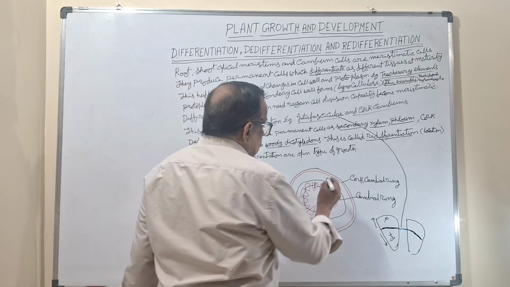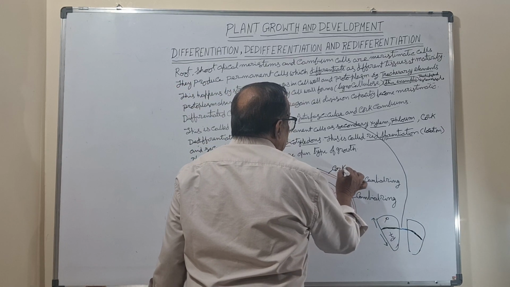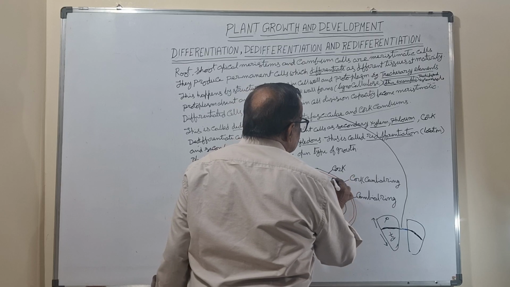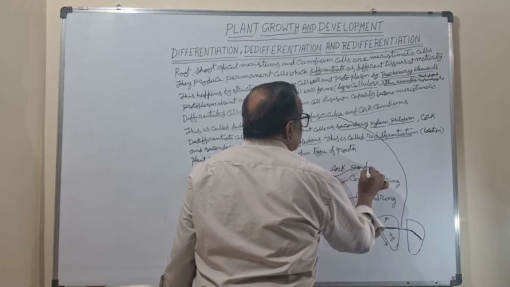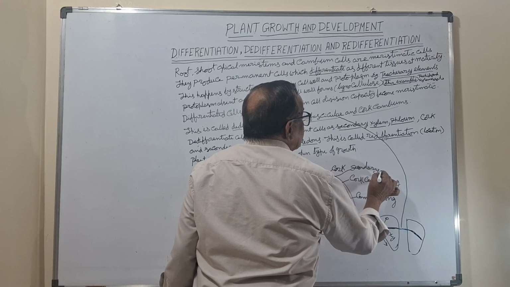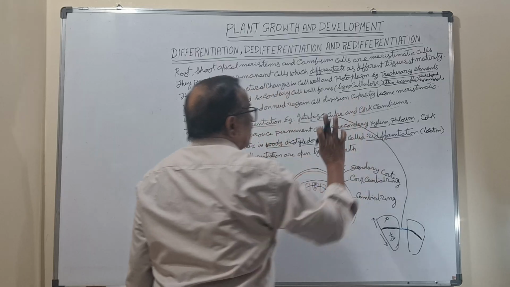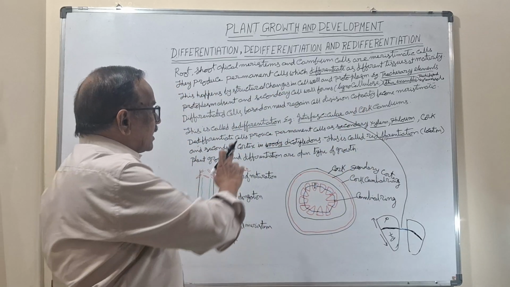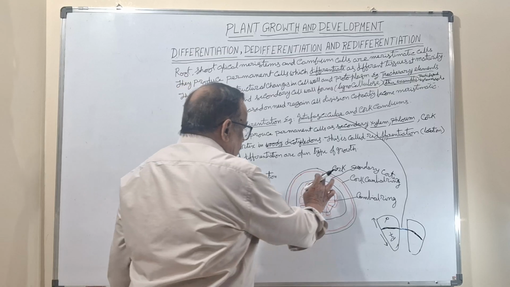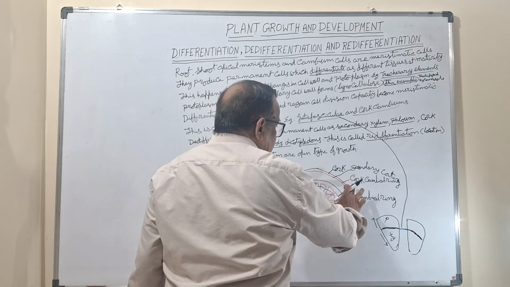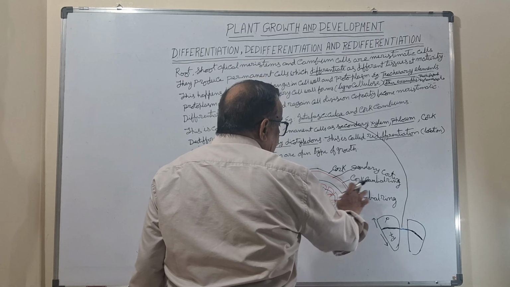They will produce cork towards the outside and secondary cortex towards the inside. He has not given these things in detail, but I am giving them, remember it. So cork and secondary cortex will be formed from the cork cambial ring.